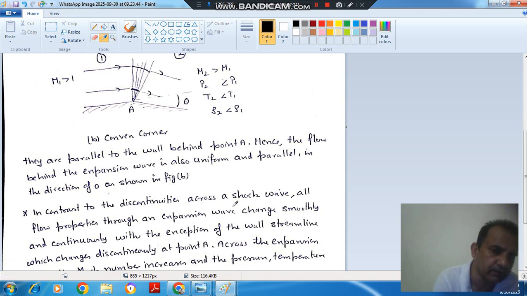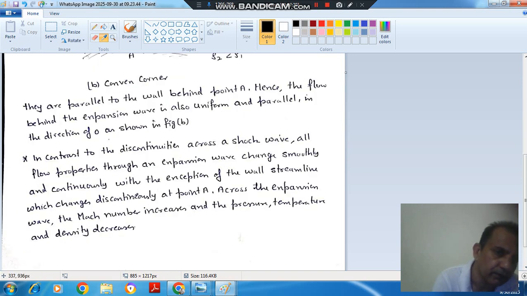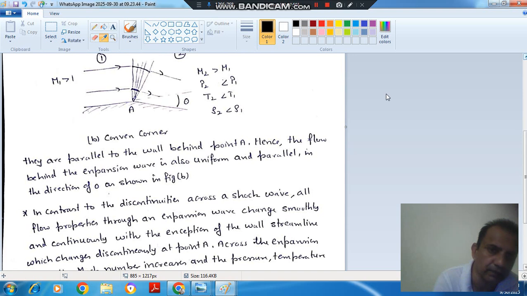So again repeating this point, in contrast to discontinuities across the shock wave, all flow properties through an expansion wave change smoothly and continuously, while the wall streamline changes discontinuously at point A. At point A there will be a sudden change, and here there will be less sudden change, then less and less.